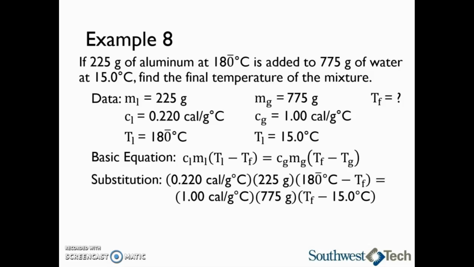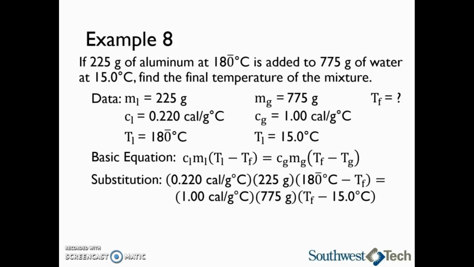This gives us 0.220 calories per gram degree Celsius times 225 grams times the quantity 180 degrees Celsius minus T sub F equals 1.00 calories per gram degree Celsius times 775 grams times the quantity T sub F minus 15.0 degrees Celsius.